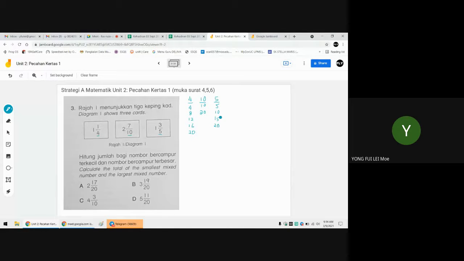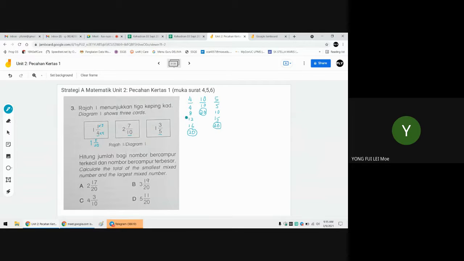I want to find the common denominator, which is 20, 20, 20. So look at this. 4, how to become 20? 1, 2, 3, 4, 5, times 5. So when the bottom times 5, the top times 5. So this is 1, 5 over 20.